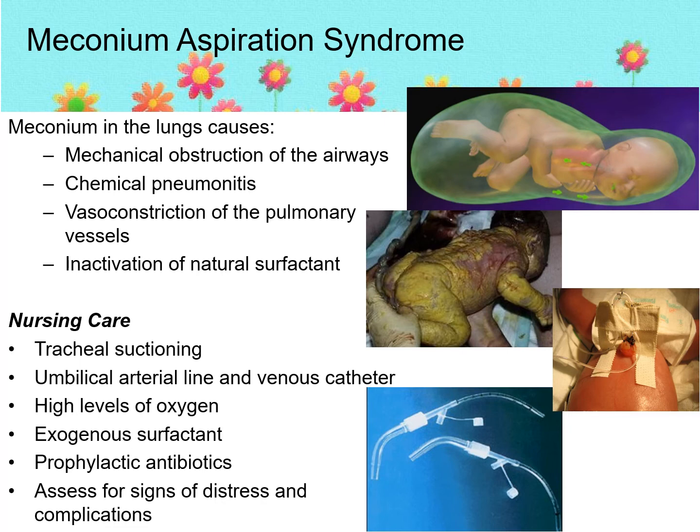Okay, now we want to assess for signs of distress and complications. Now you will know in the delivery room if there has been meconium, one for the way the baby looks, so you'll see this yellowish, greenish skin and nails.